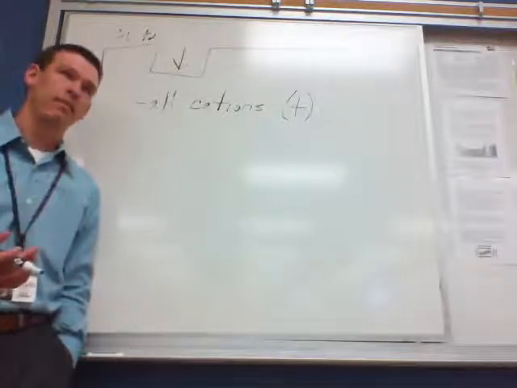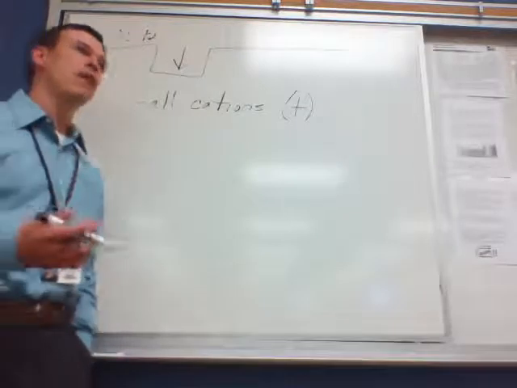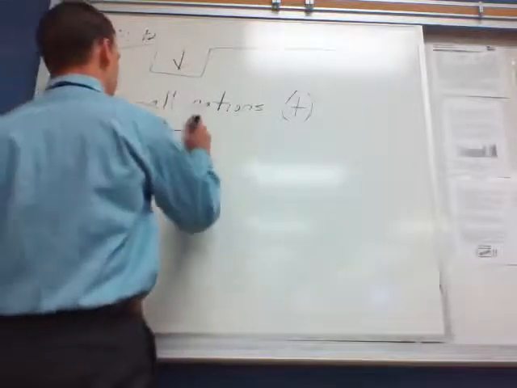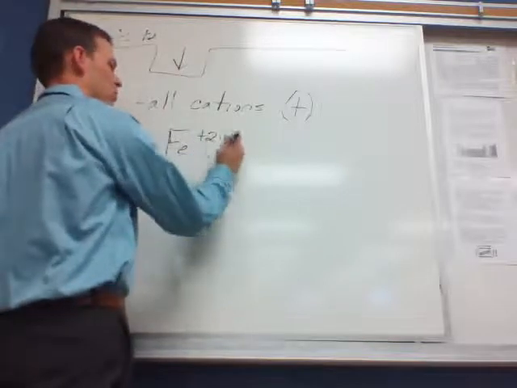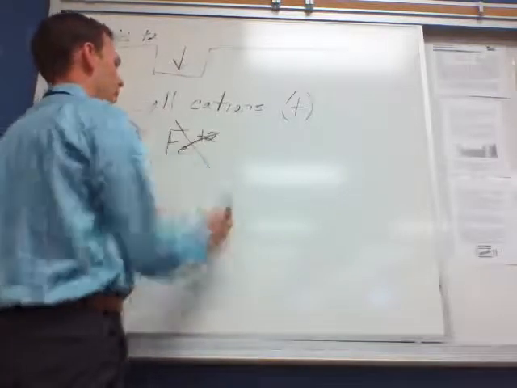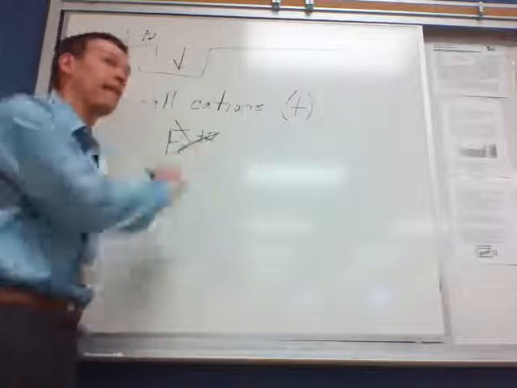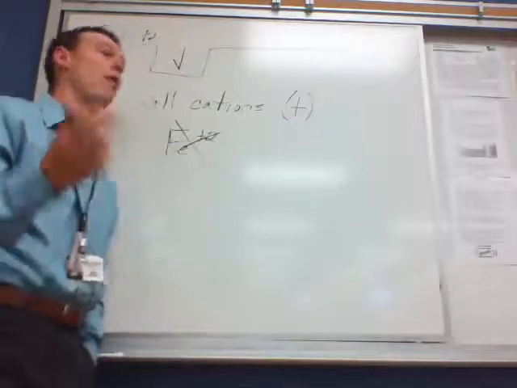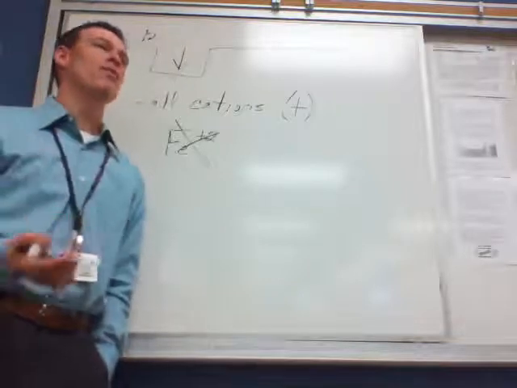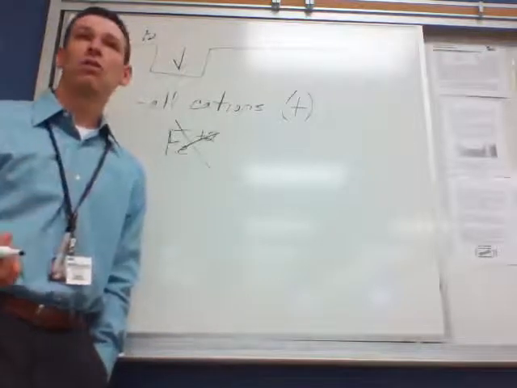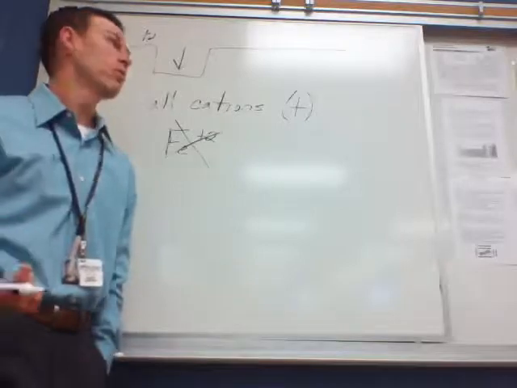Now, here's the interesting thing. Instead of representing something like iron with a +2, that's not going to happen. Iron does always have a positive charge. However, we treat these elements very differently. We give them Roman numerals instead of numbers.